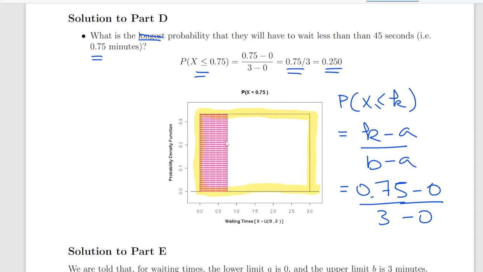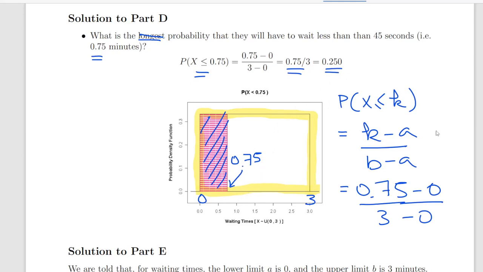The upper and lower bounds are 0 and 3, and the shaded area corresponds to the area that's less than 0.75. This has an area of 0.25, which corresponds to the probability of x being less than 0.75.